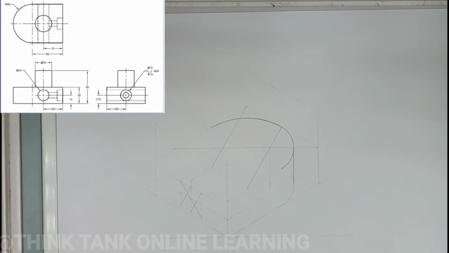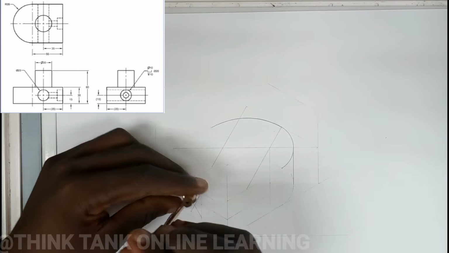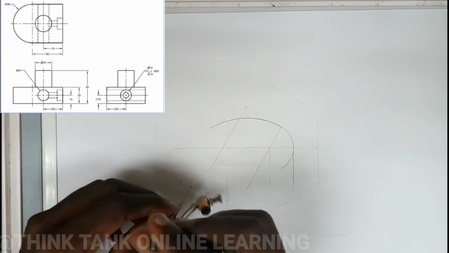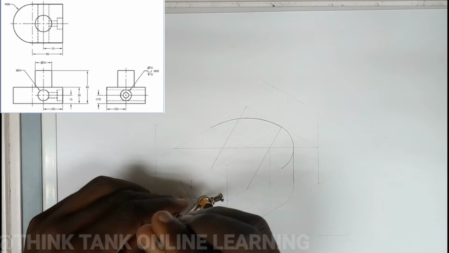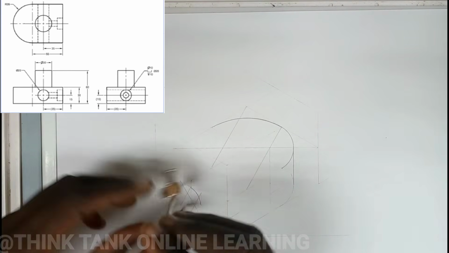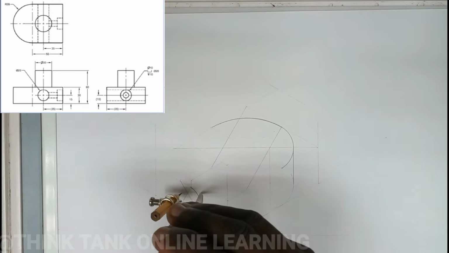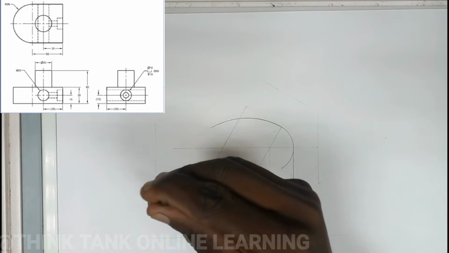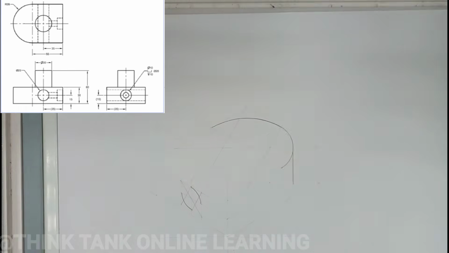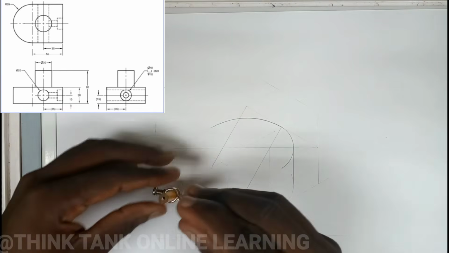Take your compass, standing right here. You should be very careful when drawing small circles. Make sure that you're using a tight compass. Then after that, this is one of the center points.